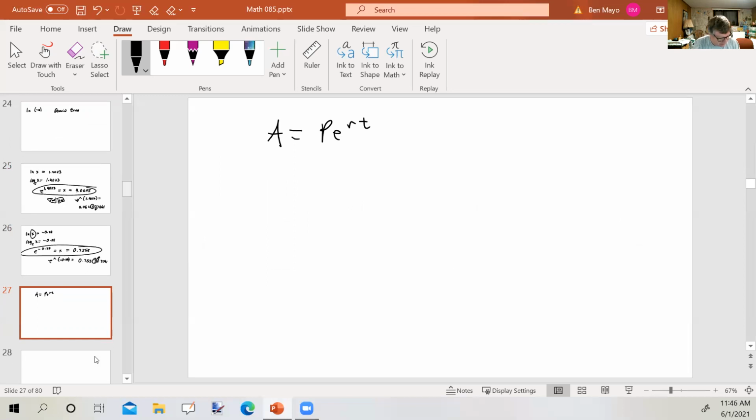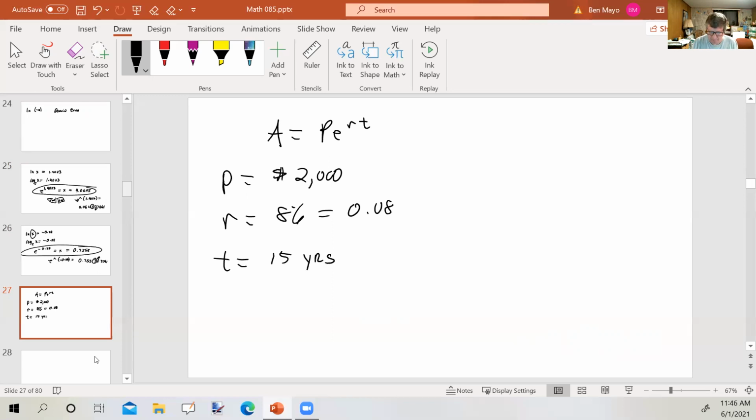All right, an initial investment of $2,000, so that's the principal, earns 8%, so that's the annual rate, 0.08, compounded continuously. All right, so that means we're going to be using e. What will the investment be worth in 15 years?